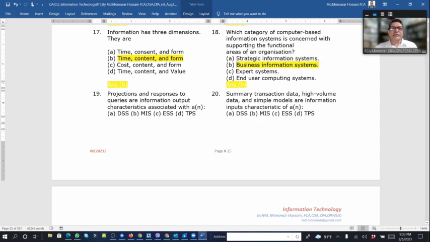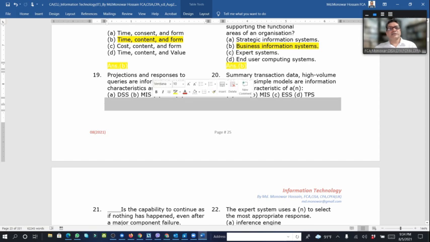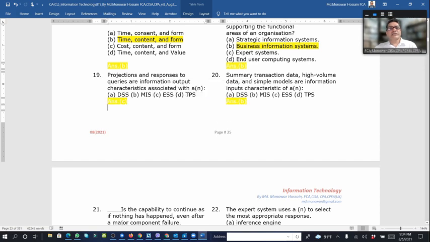Business, align with the business. Projections and response to query are information output characteristics associated with which system: decision support system, management information system, expert support system, or transaction processing system? Here it says C, expert support system.